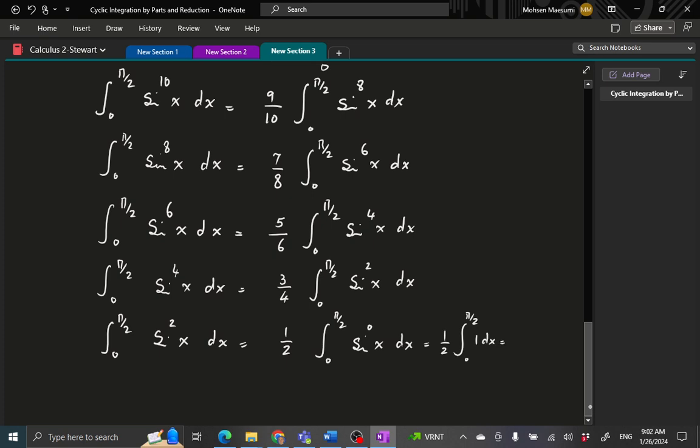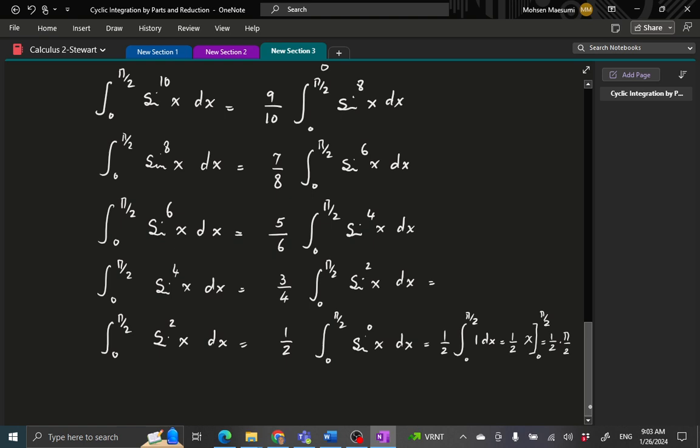Integral of 1 is just x. So 1/2 of x between 0 and pi over 2. Well, this is pi over 2 times 1/2, 1/2 of pi over 2.